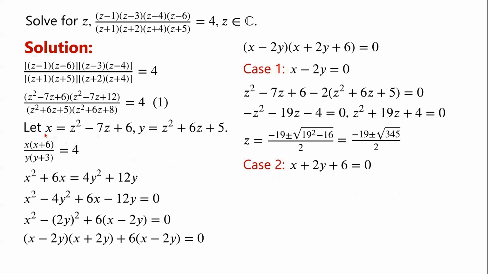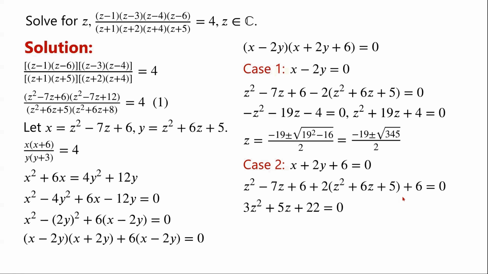For the second case, we substitute x and y into the equation x plus 2y plus 6 equals 0. We obtain z squared minus 7z plus 6 plus 2 times z squared plus 6z plus 5 plus 6 equals 0. Z squared plus 2z squared results in 3z squared. Negative 7z plus 12z results in 5z. 6 plus 10 plus 6 results in 22.